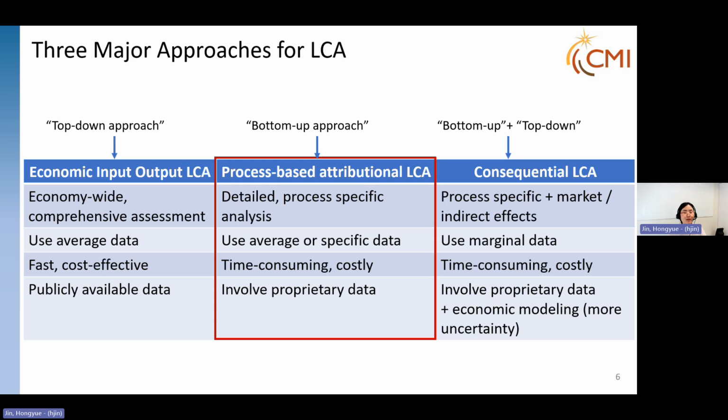So consequential LCA is modeling the additional market or indirect effect, and it's looking at marginal data, such as my behavior of changing from iPhone to Android. It is time-consuming, costly, involves proprietary data, and in addition, it has economic modeling, which makes it more uncertain.